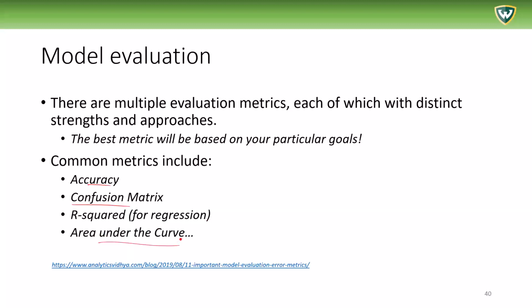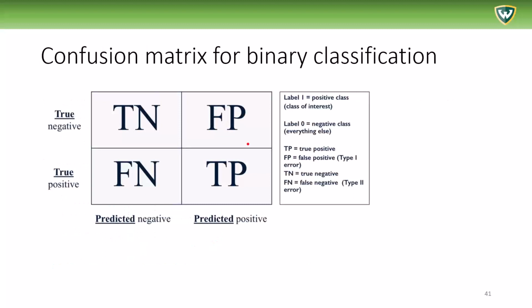And area under the curve, also other measures for when we also have a quantitative target variable. So these are more the regression kinds of model evaluations. These are the classification ones, and I'm going to be focused on these ones here in the set of lectures.